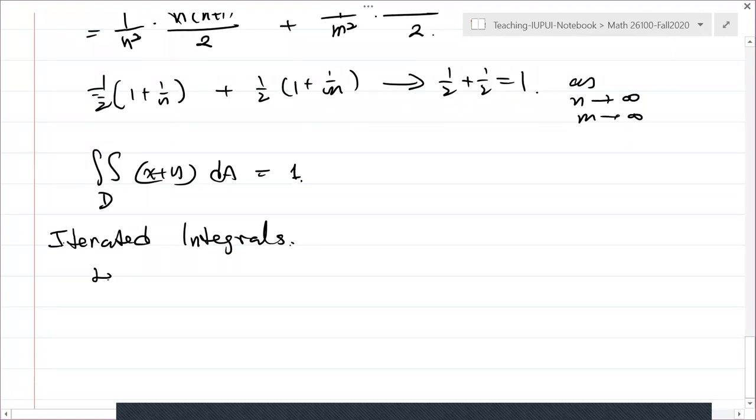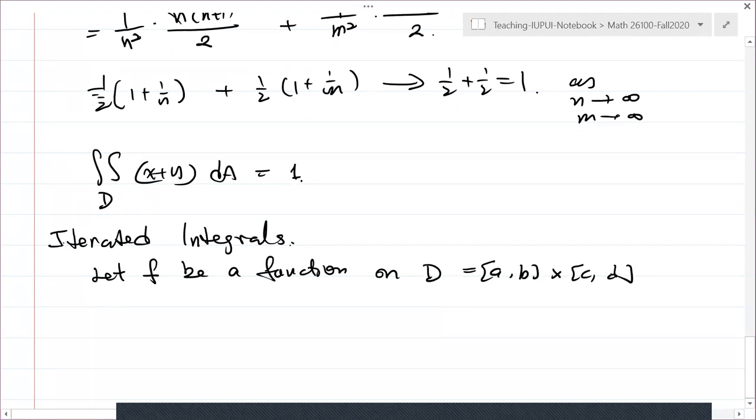Let f be a function on the domain [a, b] times [c, d].